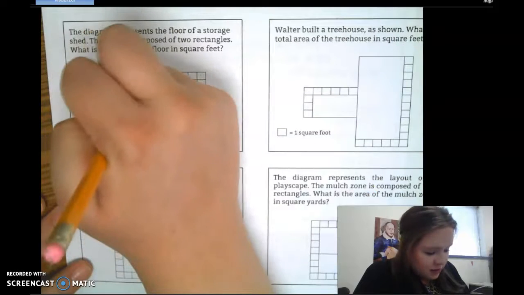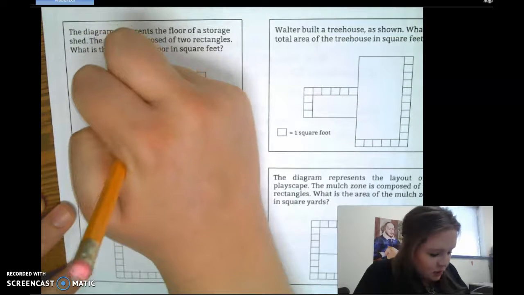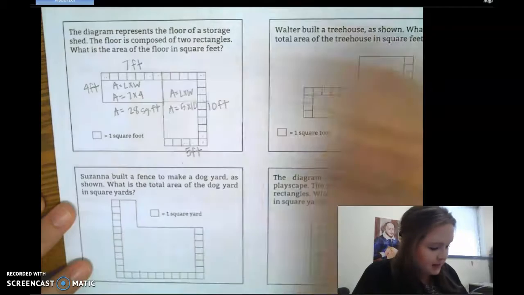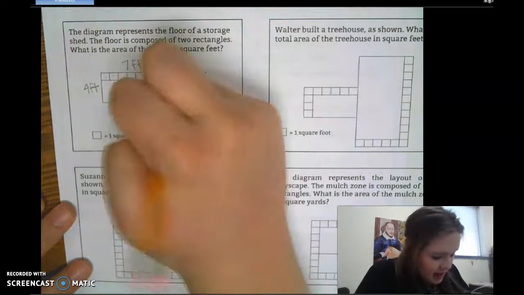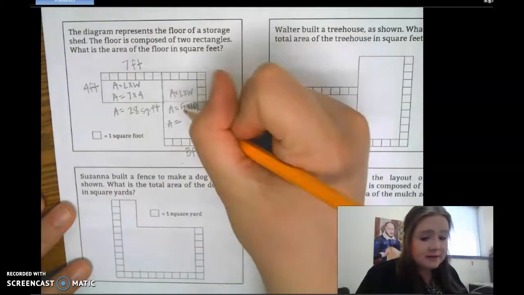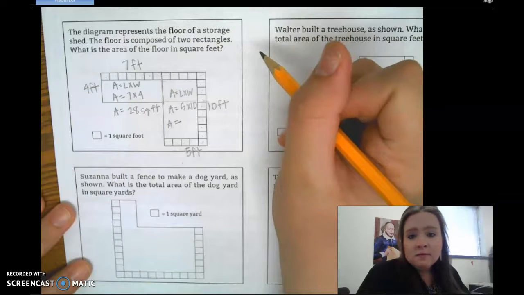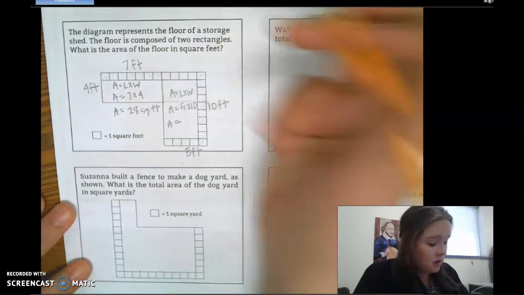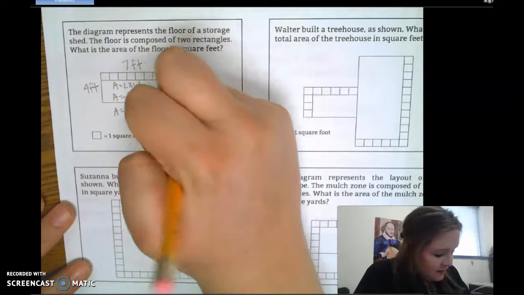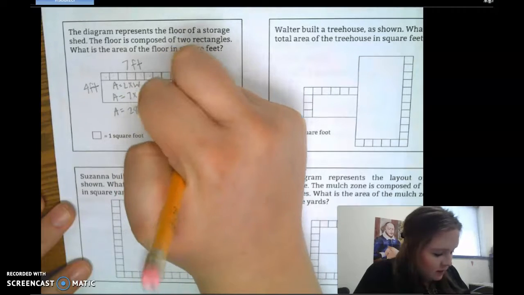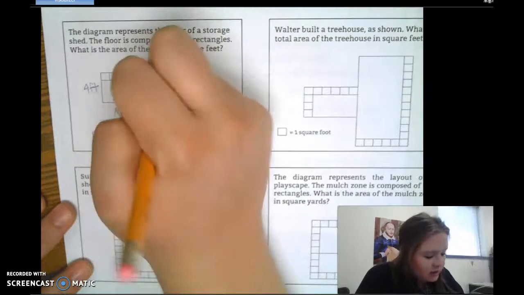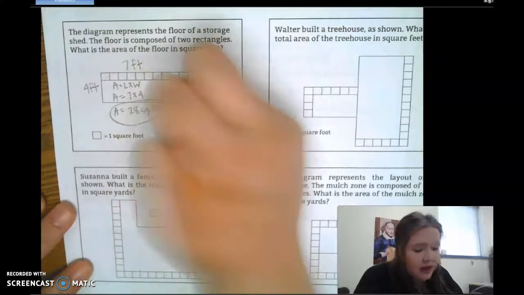Area equals 28 square feet. Area equals 5 times 10 is? Good. 50. 50 square feet. Okay? What am I going to do with this area and this area?